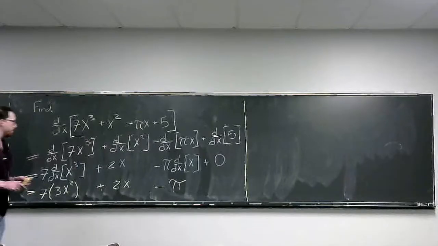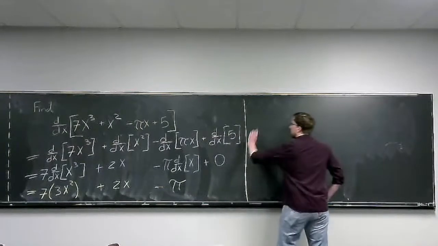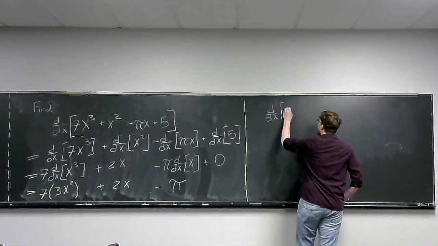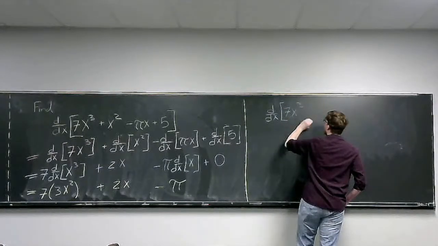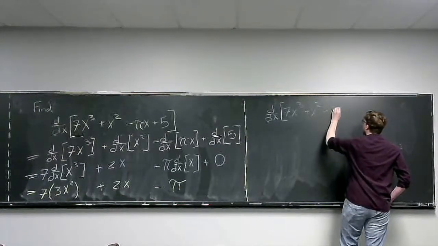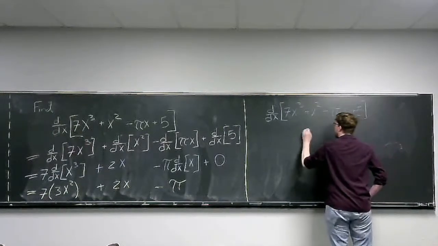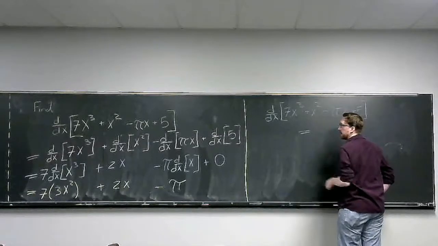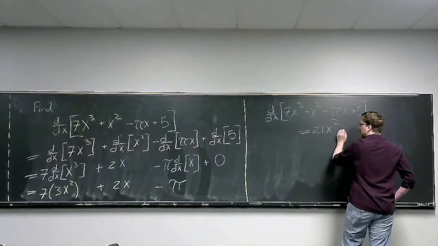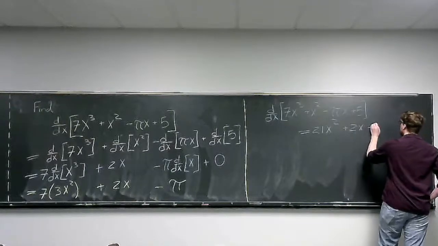So now we can simplify and rewrite everything and say that d dx of 7x cubed plus x squared minus pi x plus 5 is equal to 7 times 3 is 21, x squared plus 2x minus pi.